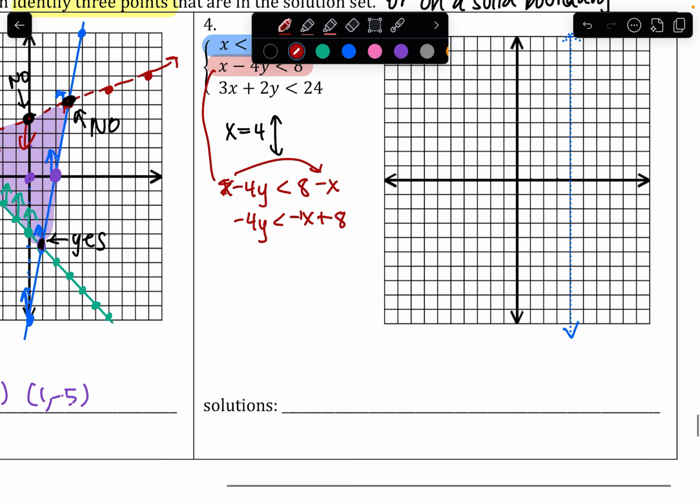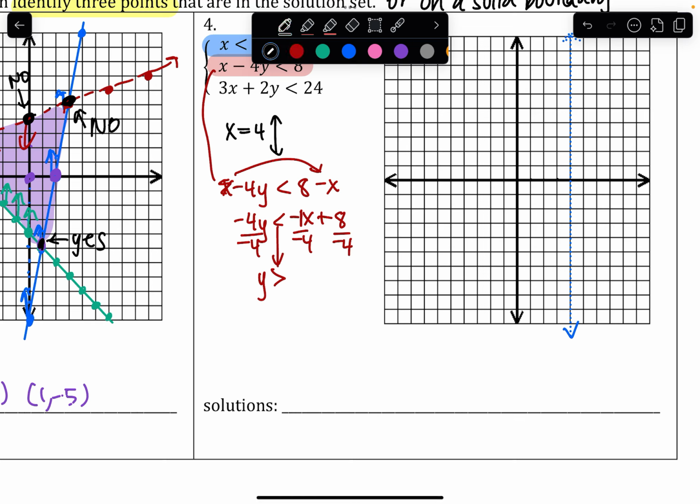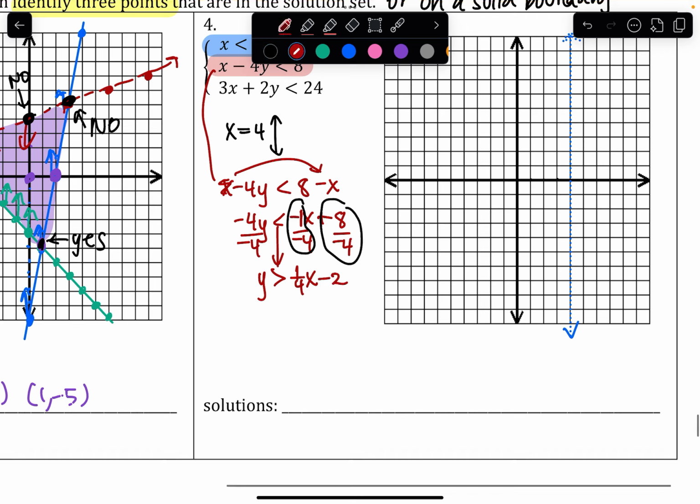And if you want to go ahead and fill in a 1 right there, we are dividing everything by a -4. And so just like that last example, it flips your inequality anytime you divide by a negative. And then now we need to simplify. -1 over -4 is positive 1/4. And 8 over -4 is -2.